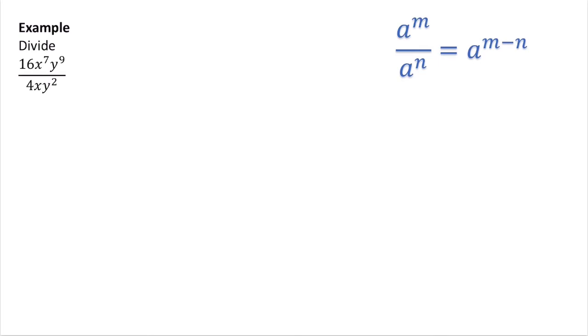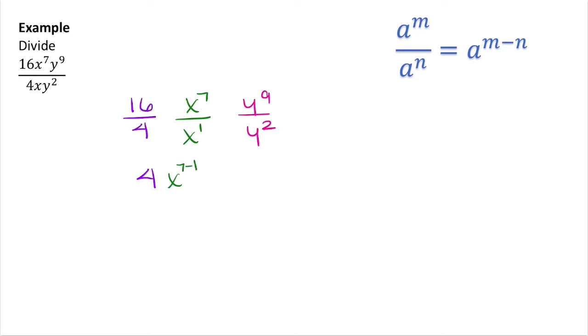So remember, what we did is we broke this apart. So I took 16 over 4, and then I did x to the 7th over x, which is like x to the 1. And then we did y to the 9th over y squared. Okay, so the 16 divided by 4, that's where we're going to have the normal rules of division, right? So we're just going to do 16 divided by 4, which is 4. The x to the 7th over x to the 1, that's where we use that exponent property.